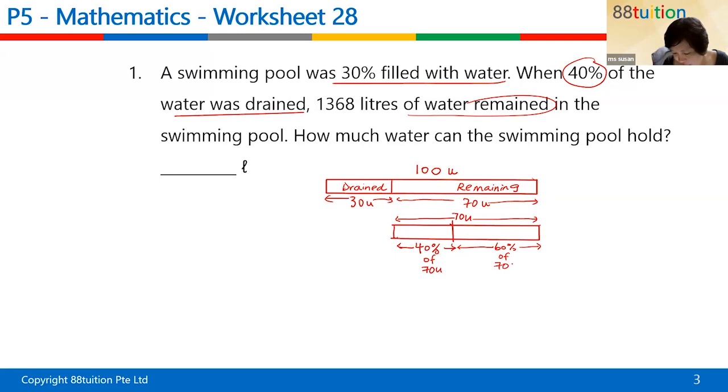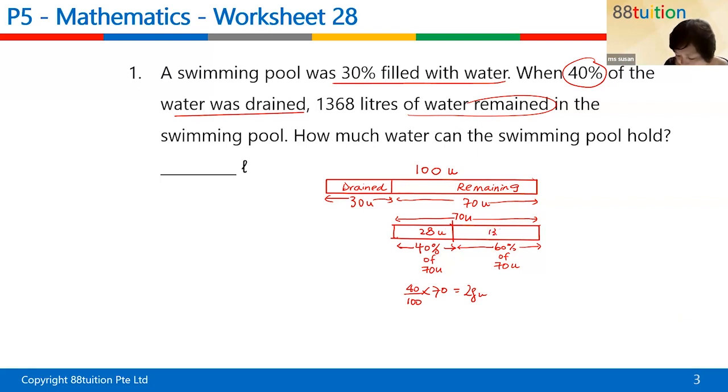So in that case, we need to find out the proper units. So let's take a look at the 40% of 70. You should get 28 units. So this one technically after calculation is 28 units. And where is the 1,368 here?